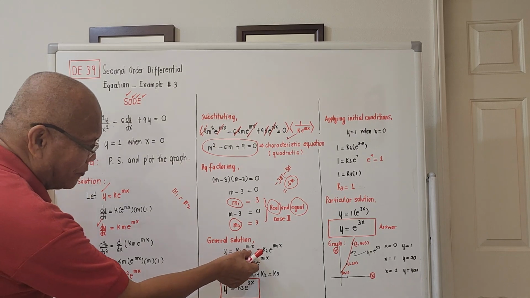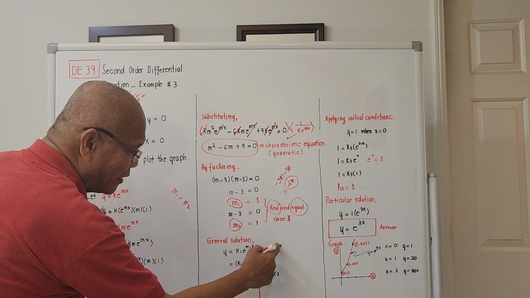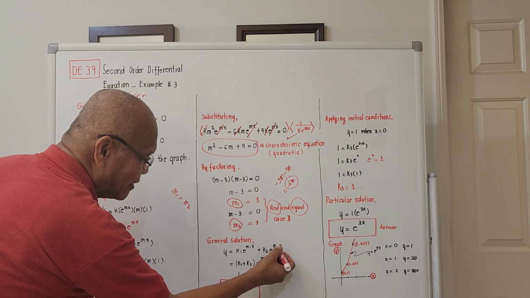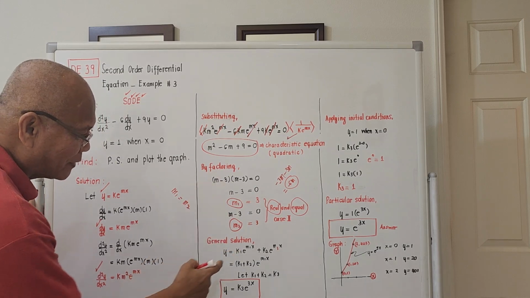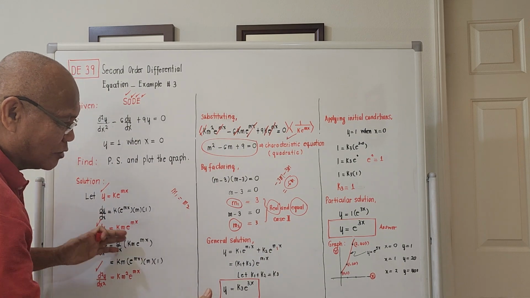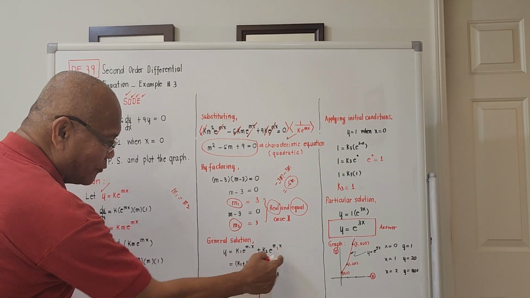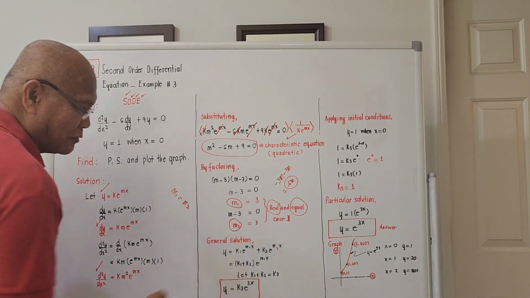If this is m1x, we will replace this m2x by still m1x because they are the same. What will come out is a common factor e to the m1x for the first term and second term. So we will factor out that e to the m1x times the quantity q1 plus q2.